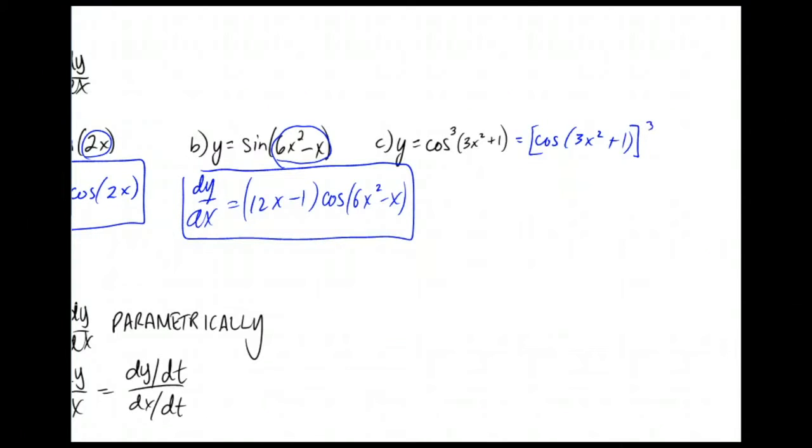So now we can see the 3 layers. The inside function is 3x squared plus 1. That function is inside the cosine function, and the cosine function is inside the cubing function.